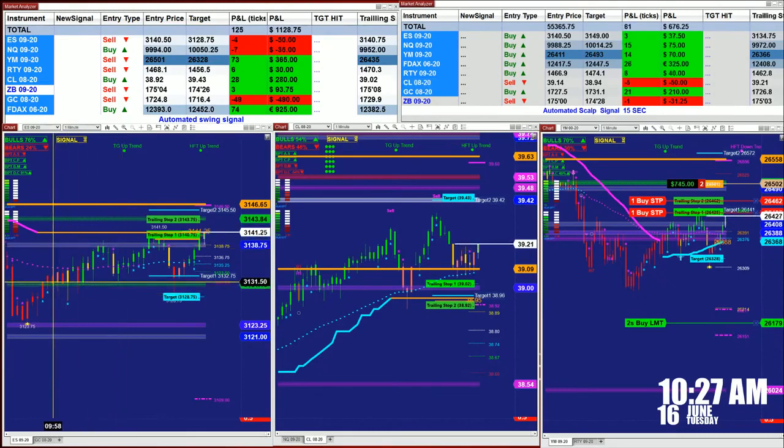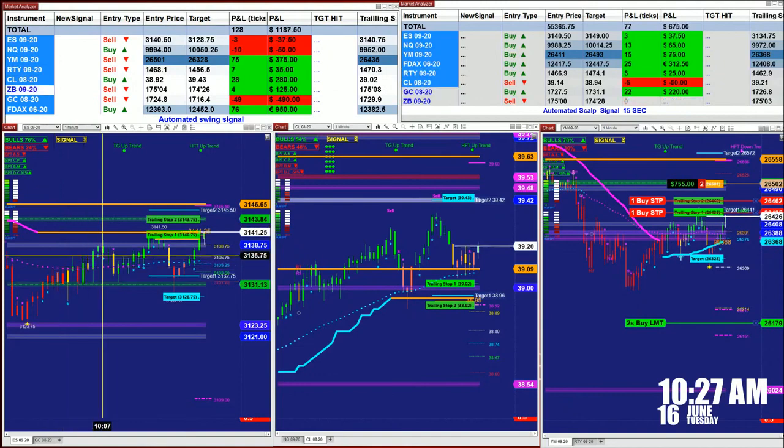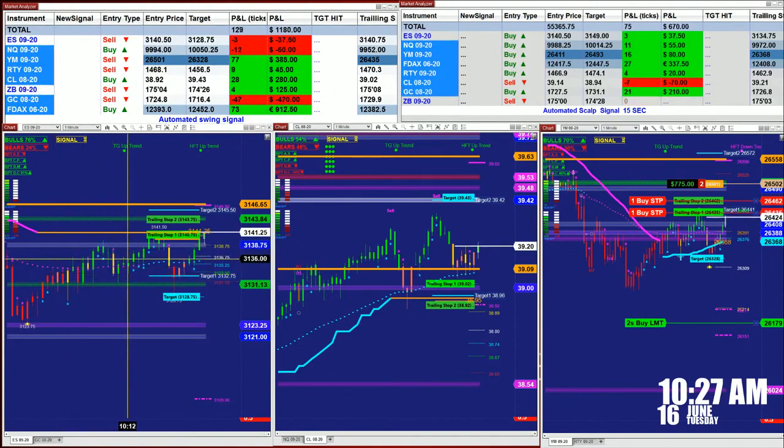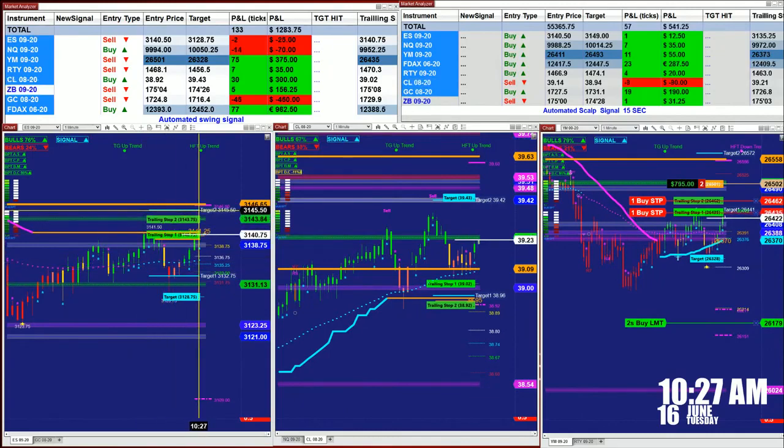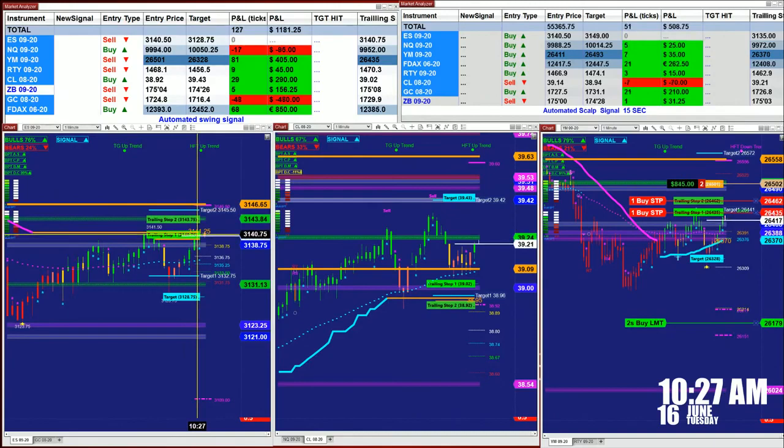If we look from when we started this morning on the ES, it is going back and forth, back and forth, back and forth, trying to break those areas, and it's going to be very hard to break all those areas on the ES.